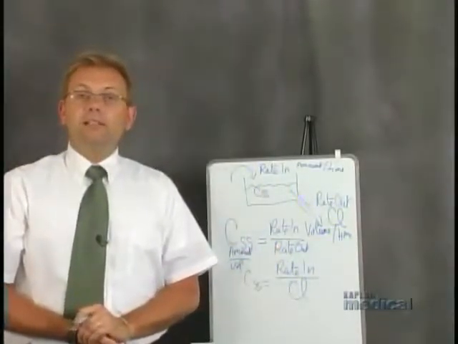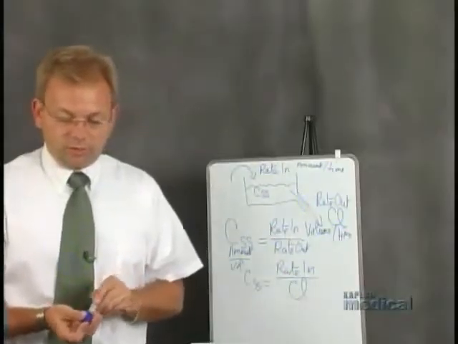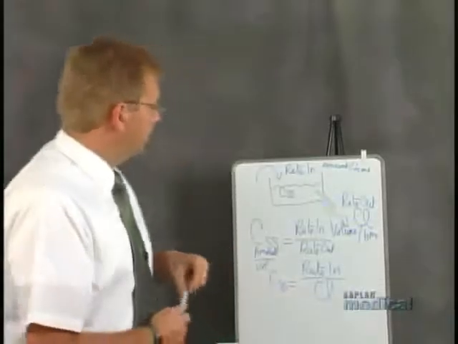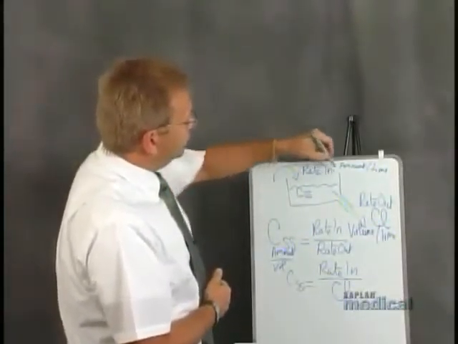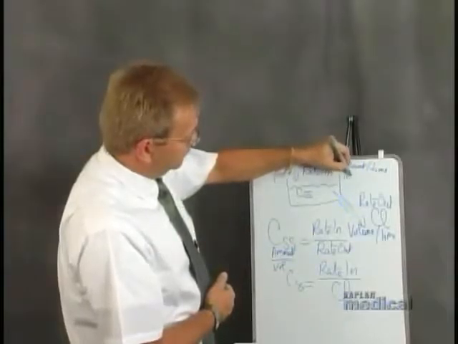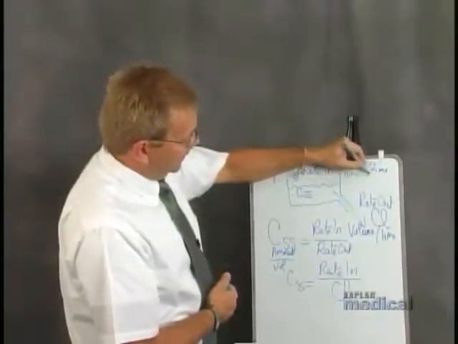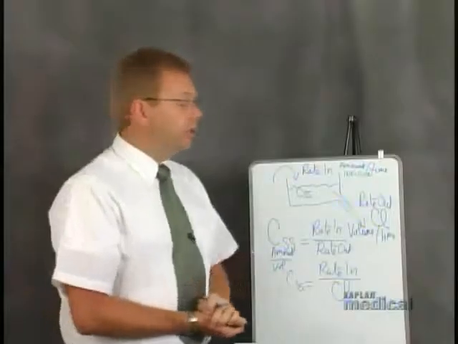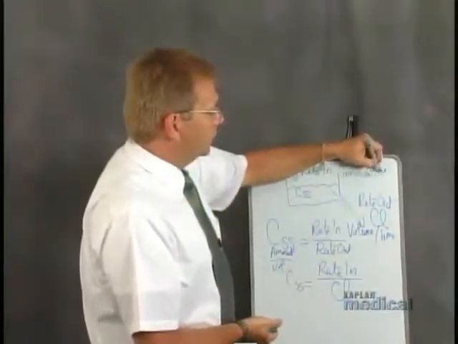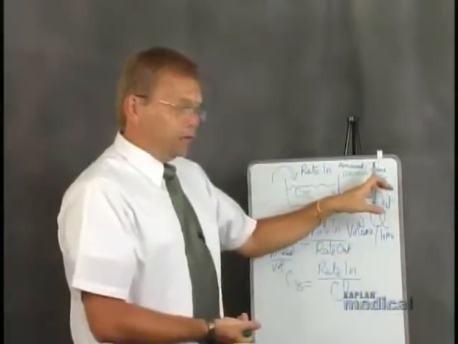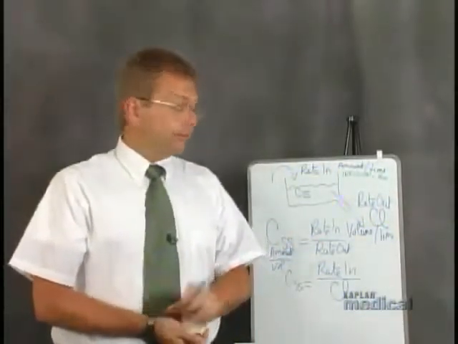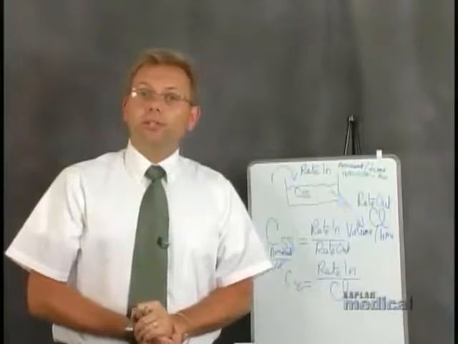Now, having said this, there are two ways of bringing the drug in. The first way, shown in your syllabus, is to bring the drug in as an infusion. When you give an IV infusion, it has a name. It's called K0, the rate in. K0 should remind you of a constant and zero order kinetics.